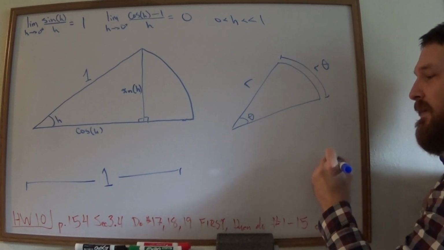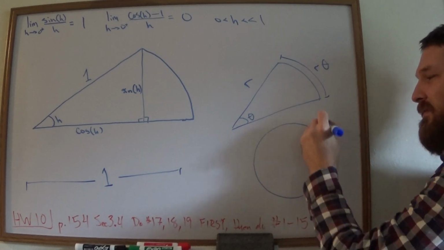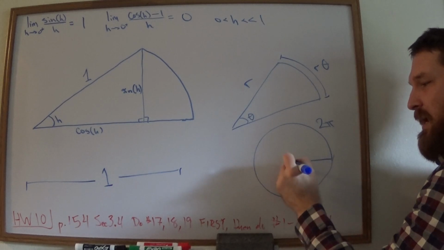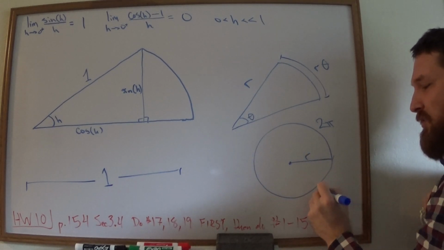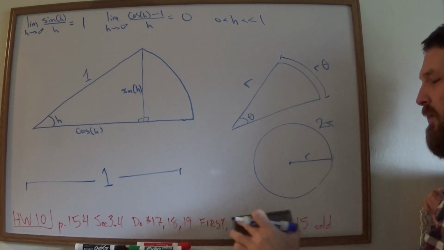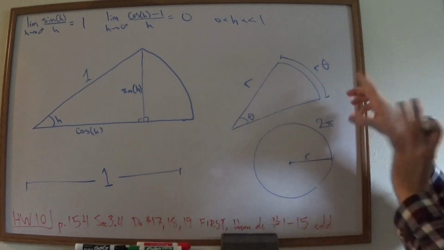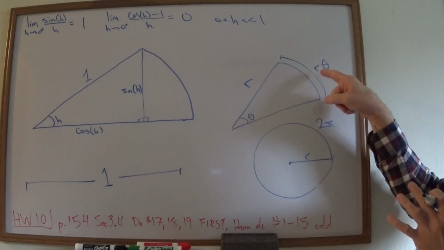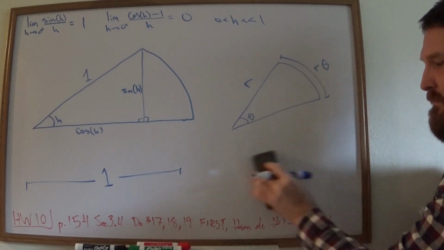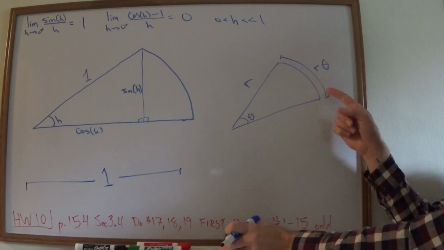It's like how we defined radians, remember? The circumference is 2 pi r. You take the radius times the angle in radians, and that's the arc length.